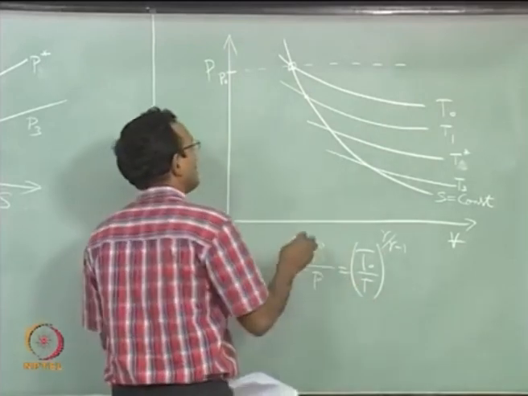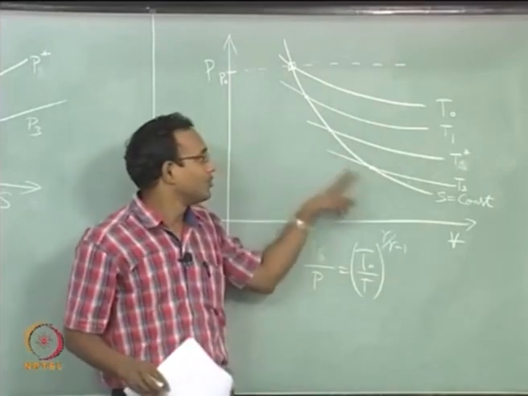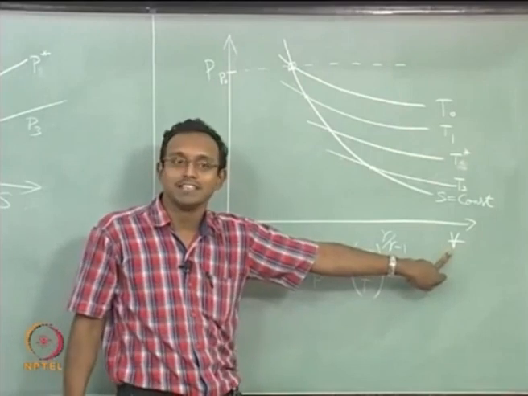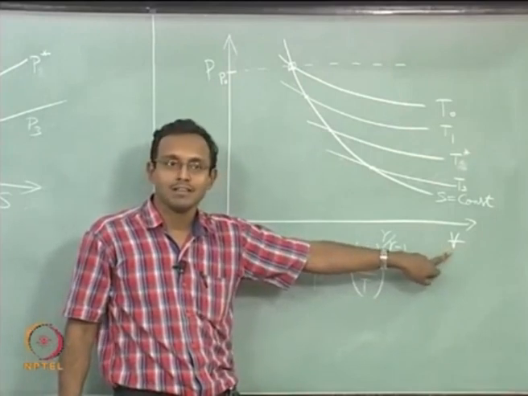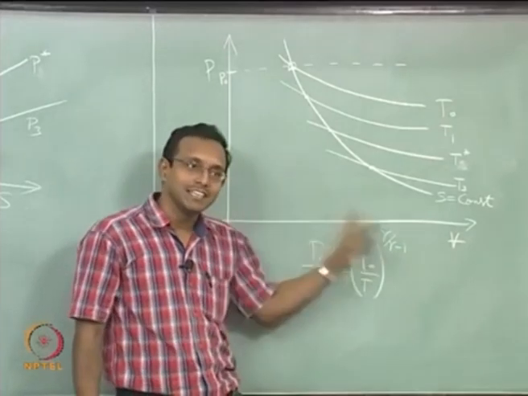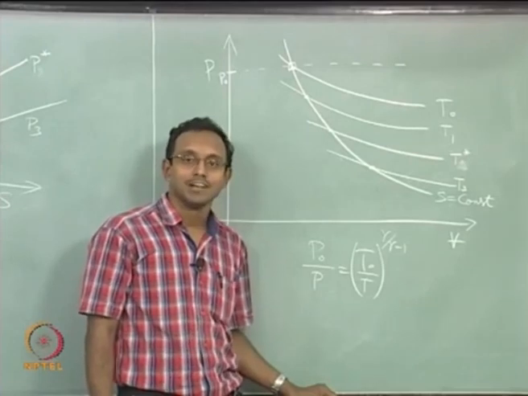Anyways, one more thing we have to look at in here is that the volume is increasing. It could be specific volume, 1 by density, if you want. If 1 by density increases, what happens to density? Density drops.